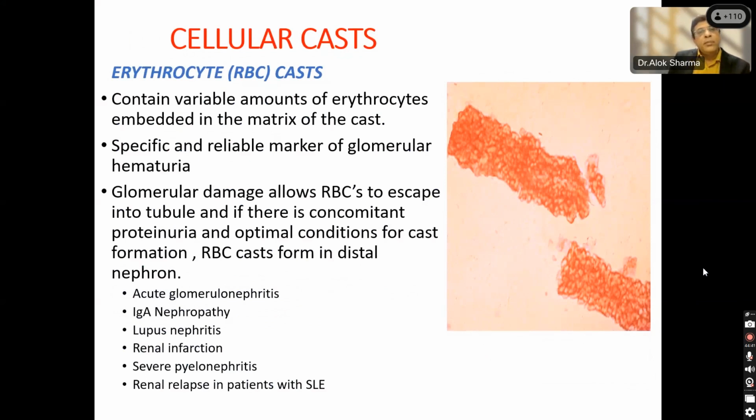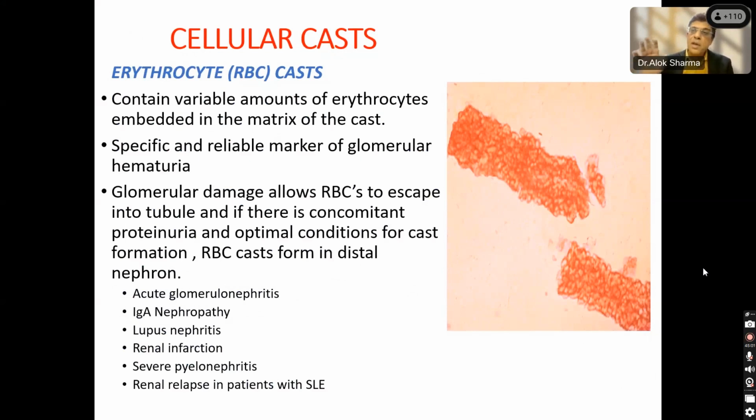So we've talked about trying to distinguish between the glomerular versus non-glomerular origin of hematuria. But remember, whenever you see RBC casts in urine, most of the time the origin would be in the glomerulus. So it's a very good sign of glomerular hematuria.